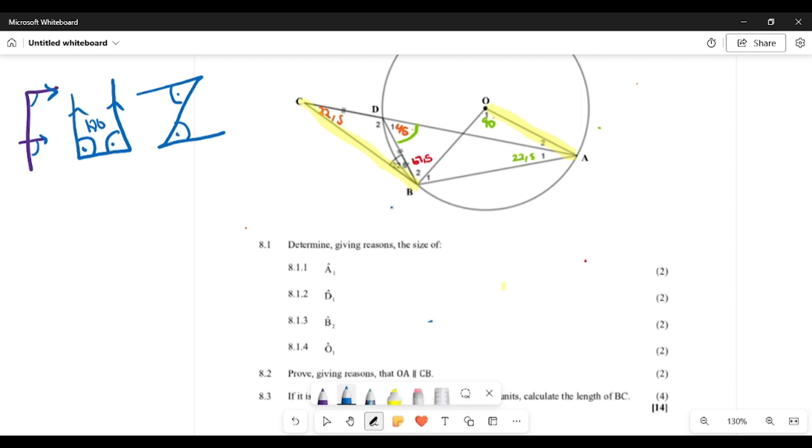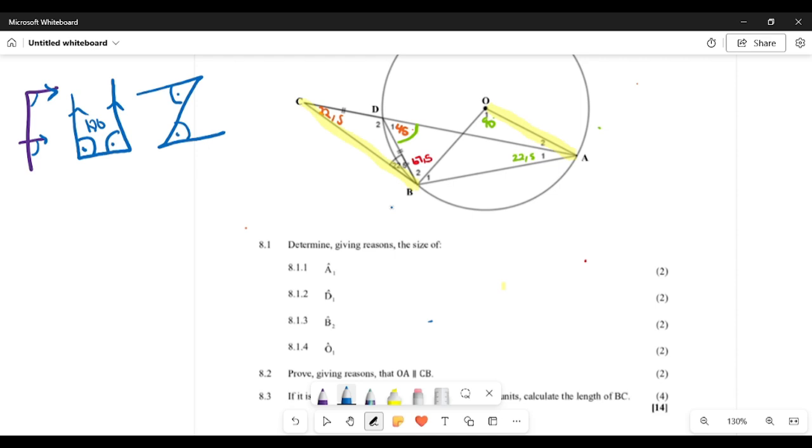So here the first shape I can identify is my Z shape. You can see, right? And this here, it's 90. And then adding these two angles here, remember I said angle at center, right? So the line from center OB is going to meet with your tangent, which is CB, at 90 degrees, right?